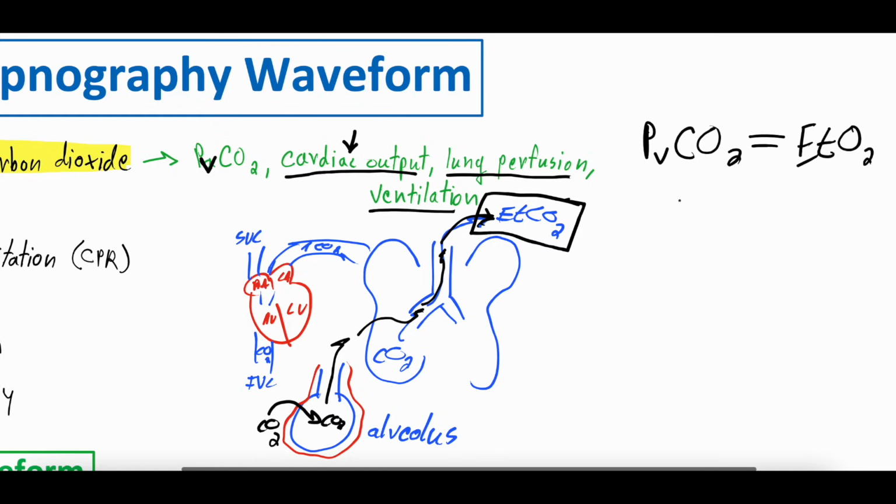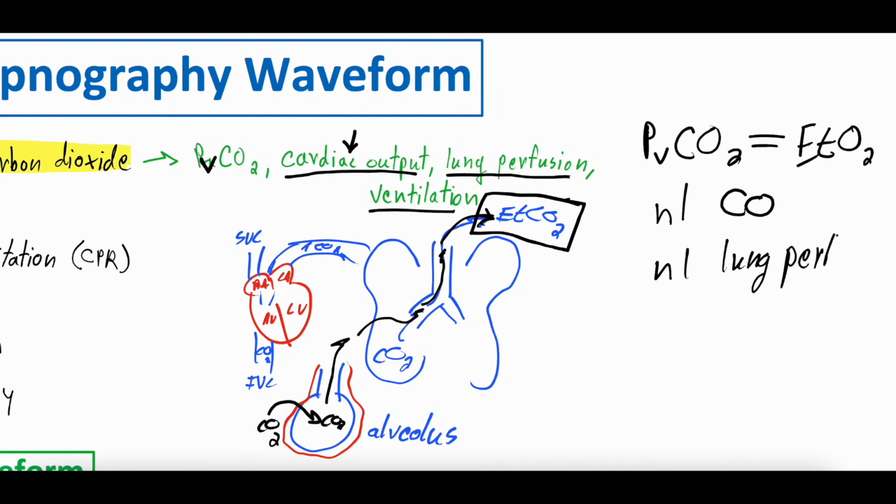But this is under the assumption that you have normal, NL, normal cardiac output, normal lung perfusion, and a normal ventilatory drive, or a normal ability to ventilate off the CO2. Whereas if any of these are abnormal, that is going to then make this not equal, right?